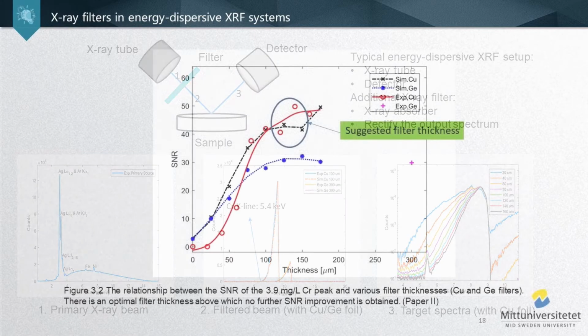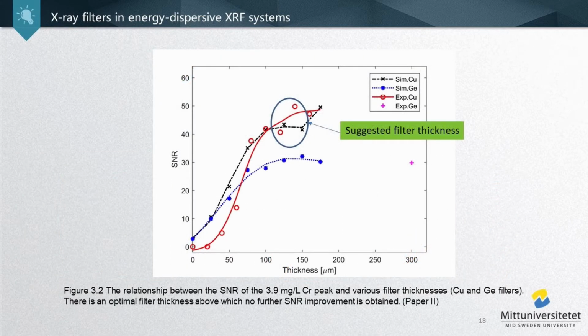To study how the X-ray filter affects the SNR, two filter materials, copper and germanium, with varying thickness are compared. We calculate the SNR for the chromium peak from the experiment and the simulations.